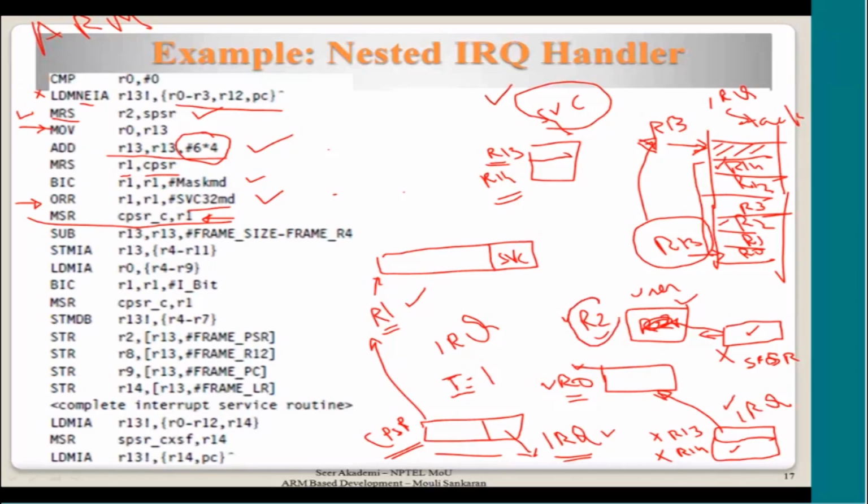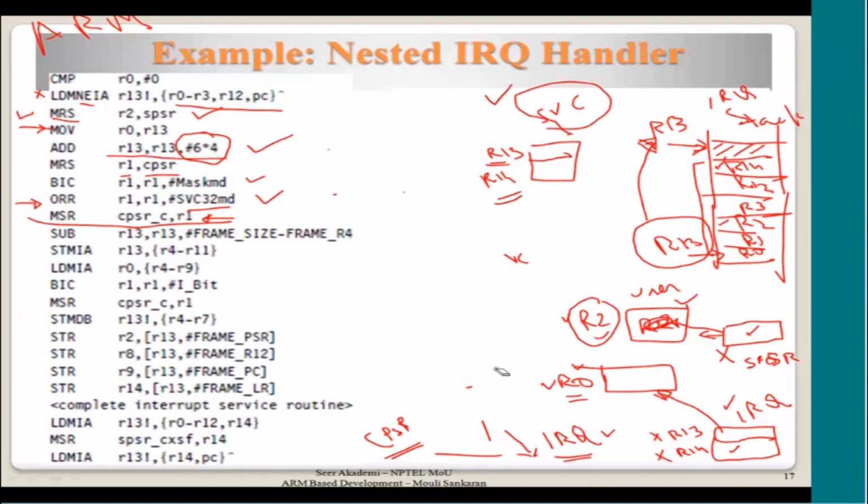Let me now erase all this. I need space for constructing a stack of the SVC mode. It will take a few more minutes, I hope, but you will learn this fully, and then you can understand any handler.